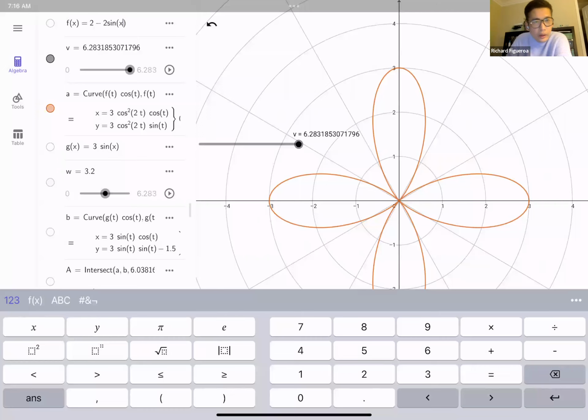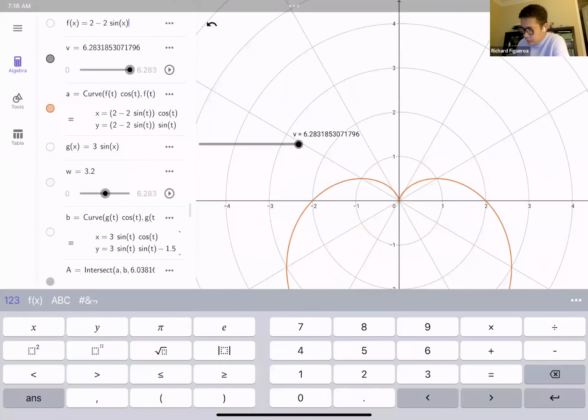I encoded that: 2 minus 2 sine x. This is actually a cardioid, based on the ratio A over B, which is 2 over 2, that will be 1. So that will be a cardioid. I'm going to enter it.